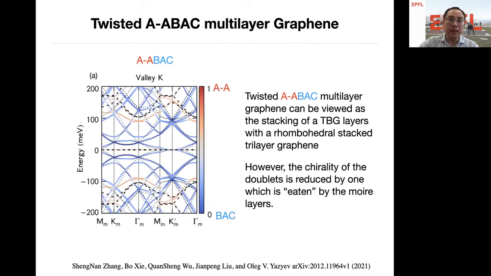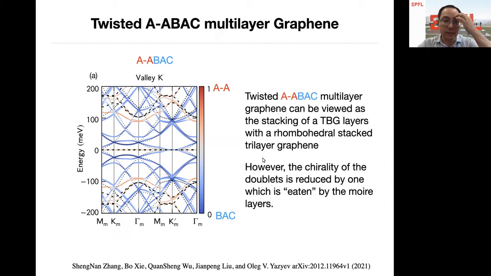multilayer graphene. This is the band structure calculated from the k·p model, and the colored lines are the band structure for the twisted multilayers. If we project the wave function onto the TBG Moiré layers and the other layers, we will find that this twisted multilayer graphene can be regarded as a superposition of TBG layers plus a rhombohedral stacked trilayer graphene.